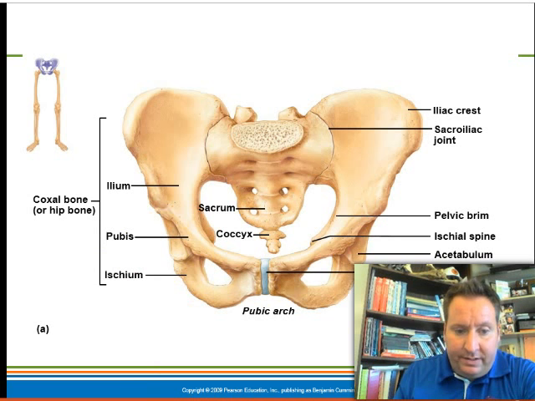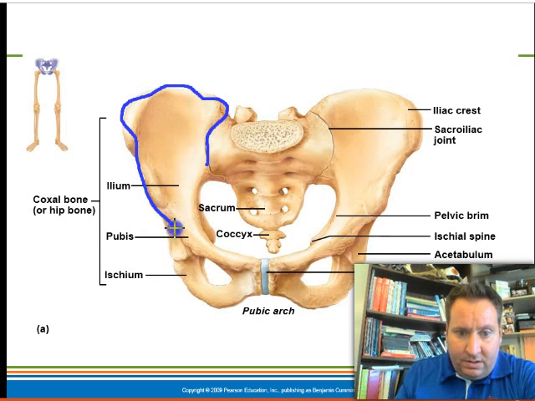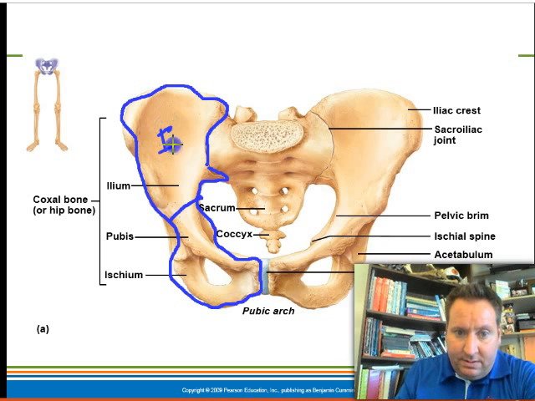This is my coxal bone right here. This thing coming all the way down here is my coxal bone. It's divided into 3 segments. This one up here is called my ilium. I'll put an I on it. This down here is called my ischium.